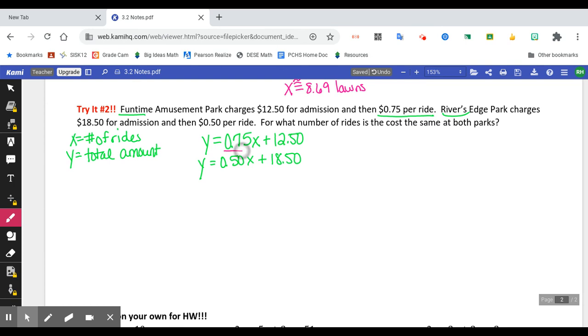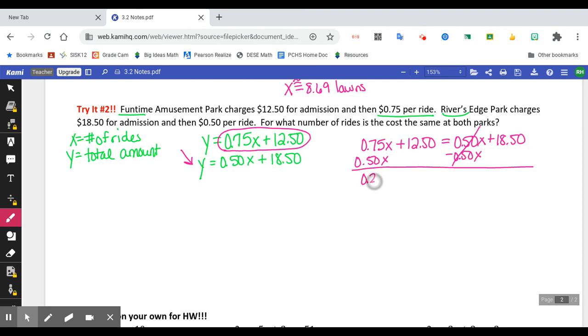Again, it doesn't matter which one you pick because they're both y equals, so I'm just going to pick the top one and plug it in for the bottom. So I have 0.75x plus 12.50 equals 0.5x plus 18.50.